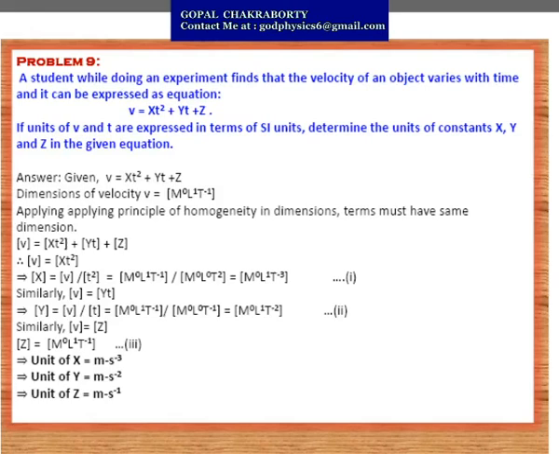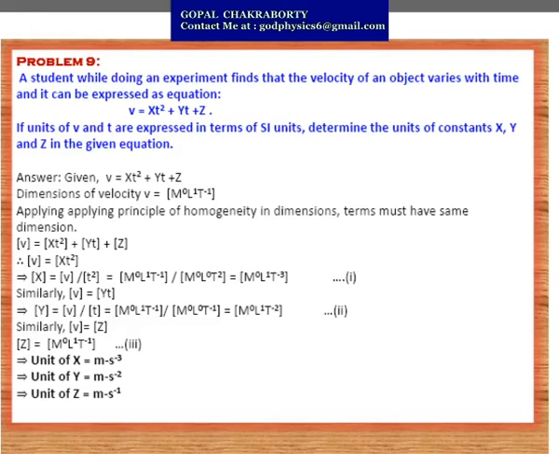Applying the principle of homogeneity, all terms must have the same dimension. So v equals x t square plus y t plus z. That means the dimension of v must equal the dimension of x t square, or y t, or z.